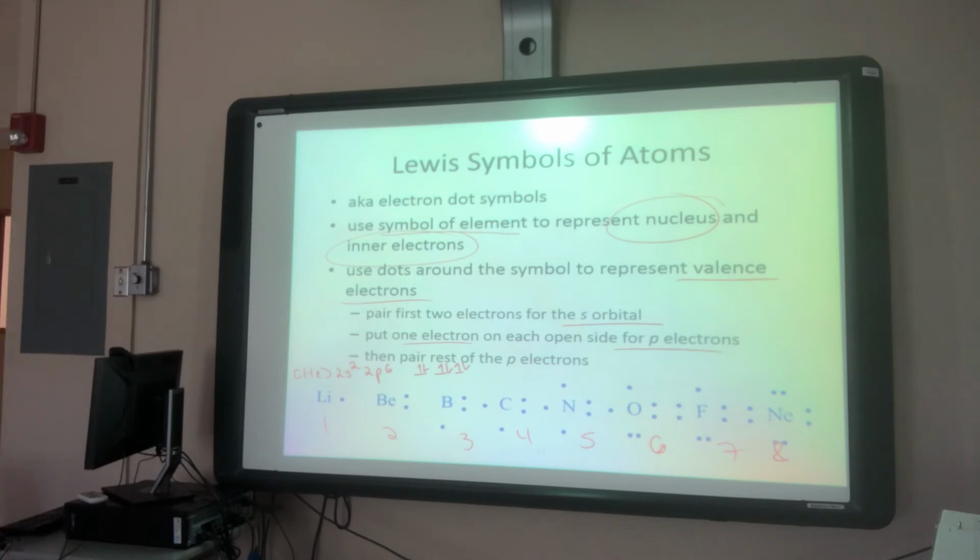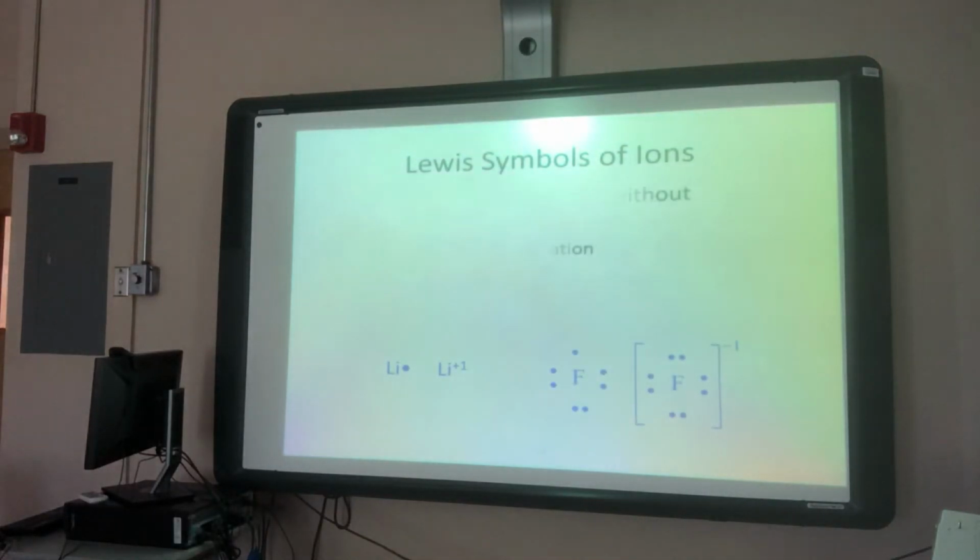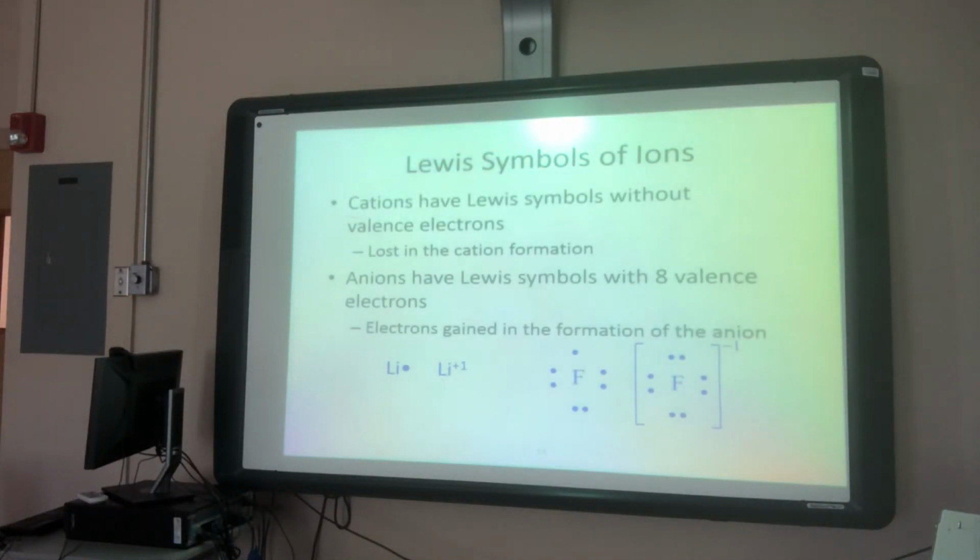Okay, so now let's talk about what's happening if I make an ion. This is if it's just neutral. So if I'm making an ion, how does my Lewis picture change? If I'm making a cation, remember I'm going to lose some electrons. Here would be my neutral lithium, so this is just Li. If I'm going to lose, this electron goes away.